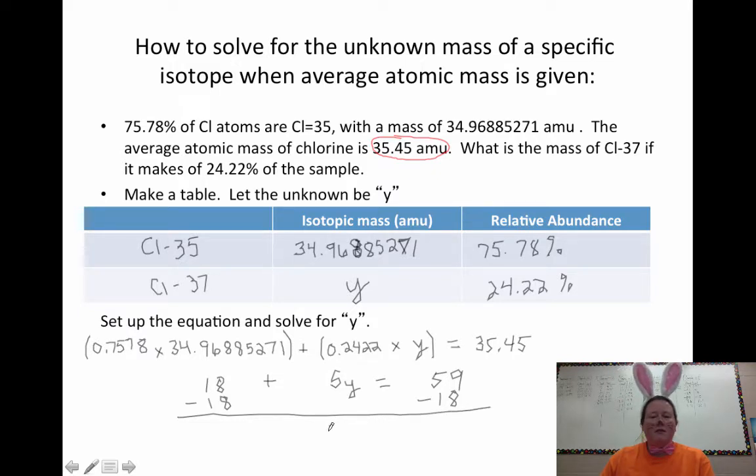And that gives us that 5y equals 41. And then to solve for y, we divide each side by 5. The 5s cancel. And I could go ahead and do the math to determine what y was.